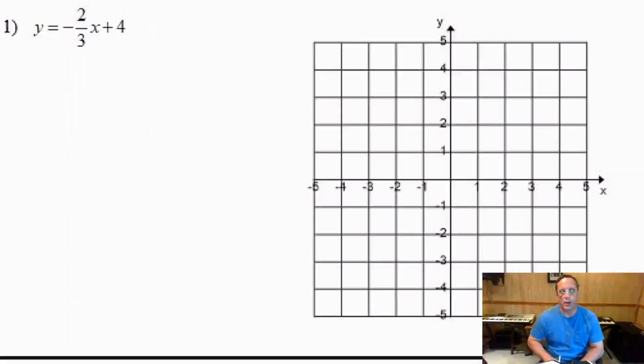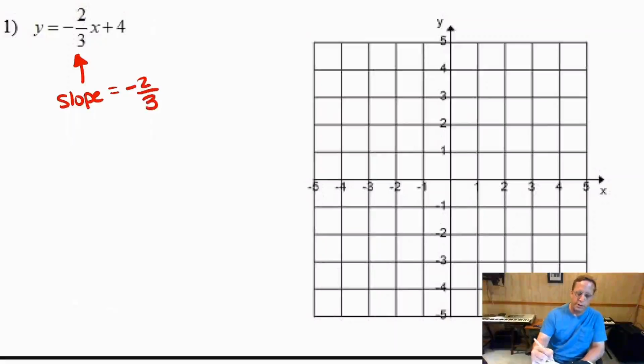We have an equation that is already in slope-intercept form, and all we have to do is graph it. So let's make sure we understand all the parts here. Right here, the slope equals -2/3, and your y-intercept equals (0, 4).